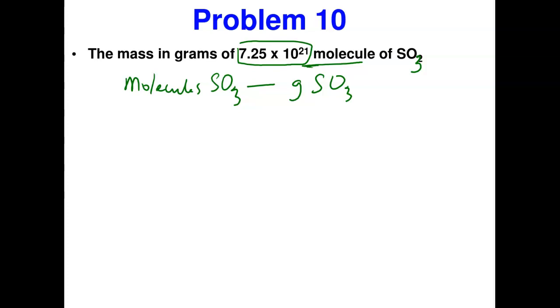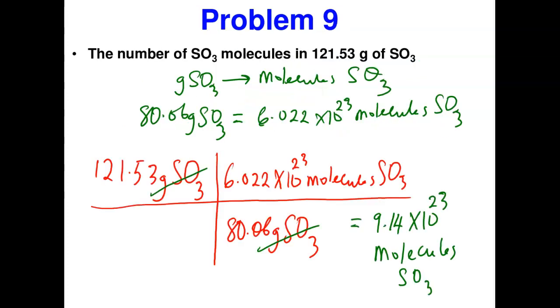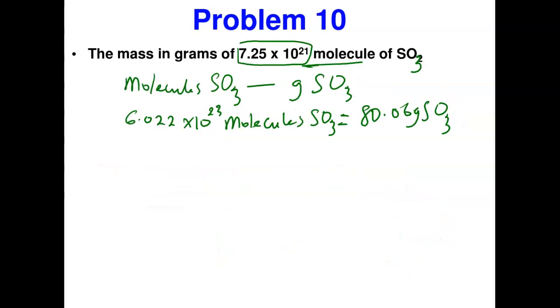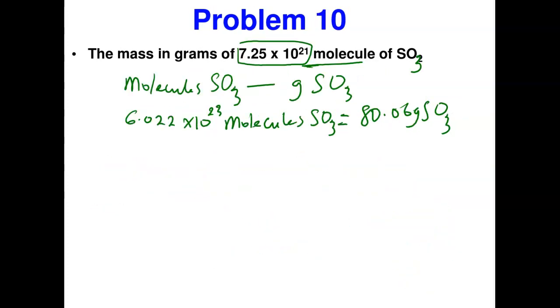We know that 6.022 times 10 to the power of 23 molecules of SO3 contains 80.06 grams of SO3. Just to let you know, this was the same relationship we used before. The difference is that the last time we solved for the molecules. Now we're solving for the mass.